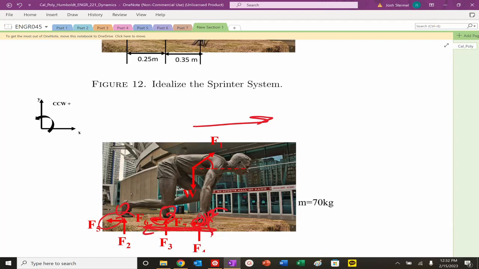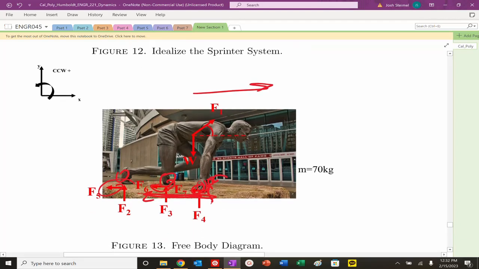Now, remember, one of the key things that we're trying to solve in these statics problems is to do what? Take a real system, we want to simplify it as much as we possibly can, but still represent how the system actually behaves. So, again, we can't do this because we're basically on YouTube, but if you get in the sprinter stance, one of the things that you'll notice if you're in a proper stance, the arm positions are really, there's not a lot of mass or essentially force that is being placed there.